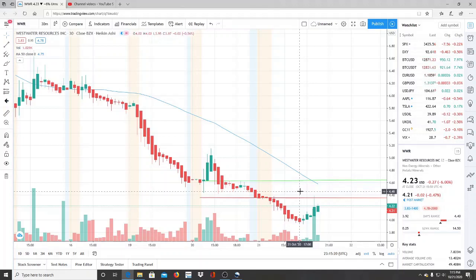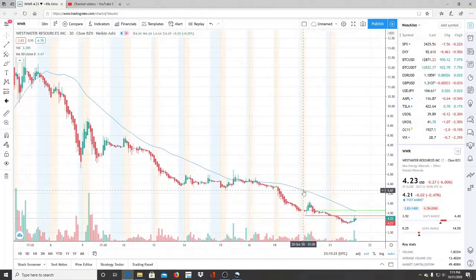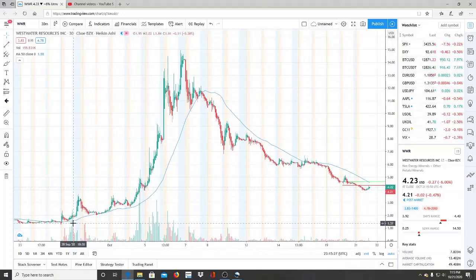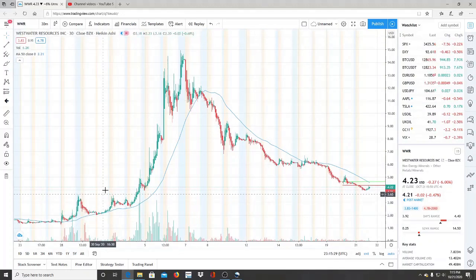So Westwater Resources Inc. has been in a bearish run after having a great bullish one, right? It actually went up from about $1 and some change all the way to these highs of close to $15.